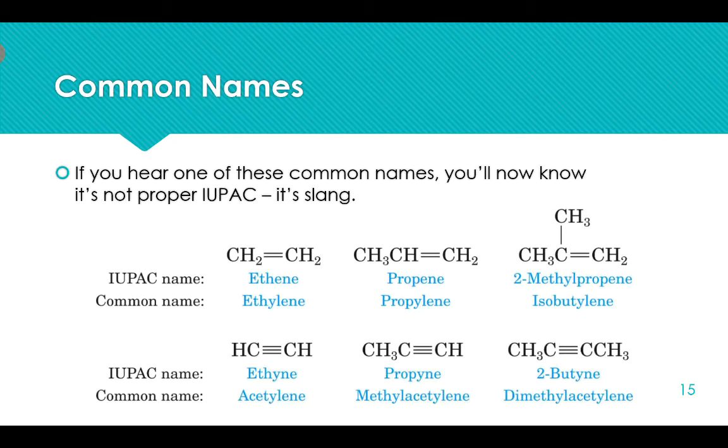Out there in the wild, there's these common names that exist. They're called common names because they're used in the general public, but they are frowned upon by the chemistry community, and the use of them is being discouraged.